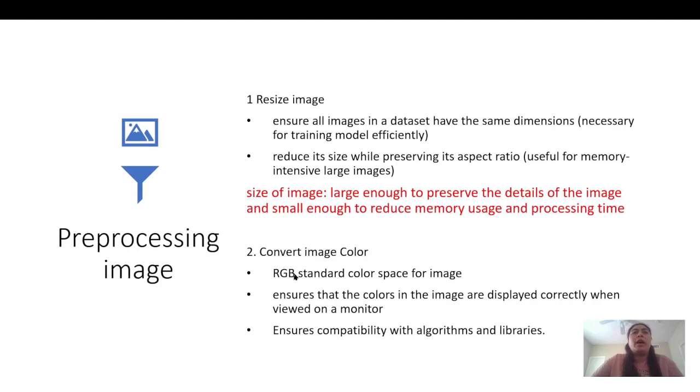The other step is to convert the image into a standard color image, which is by using the RGB standard color space, because the RGB standard color space is used by all and it is compatible with all the algorithms and libraries. So we have to make sure the color is in RGB so that it is displayed correctly on the monitor as well.